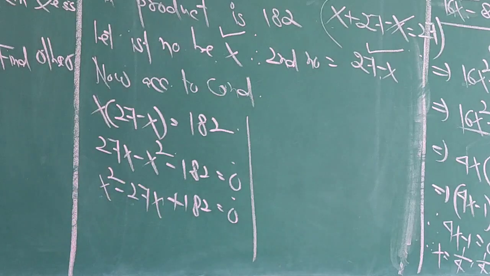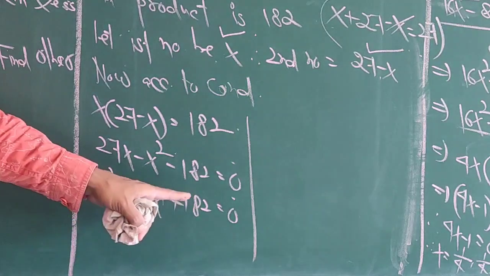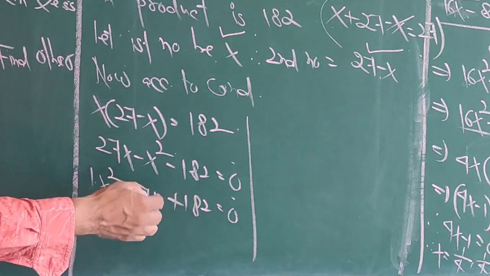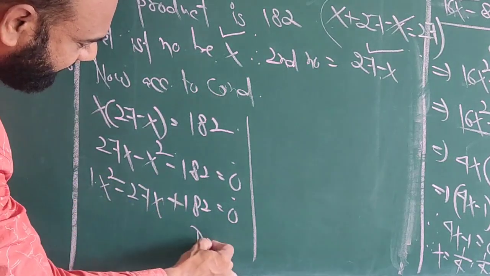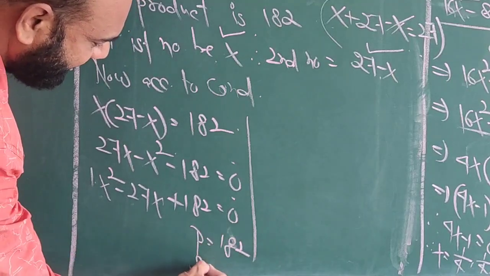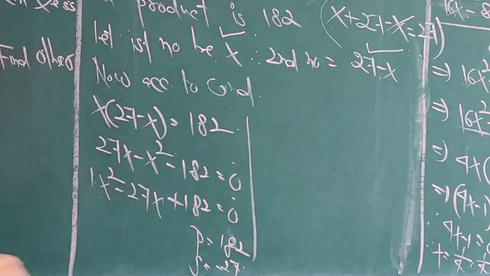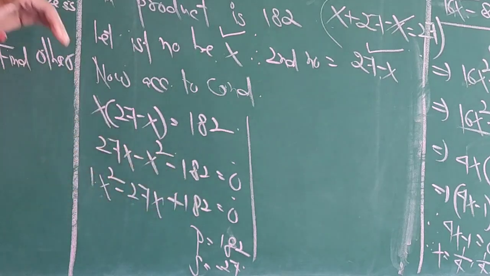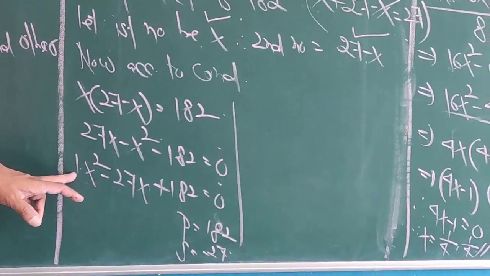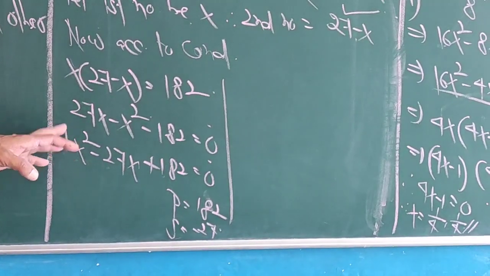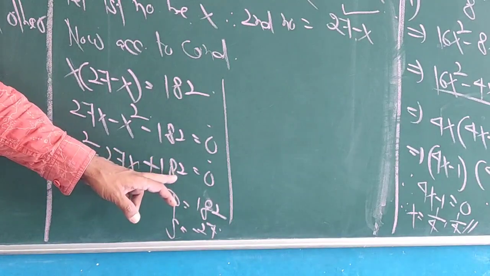And now we find the factors of 182, because 1 into 182. For the product it will be equal to 182, and by adding it will be equal to minus 27, because in the method of factorization we know first of all we multiply the coefficient of x square and the constant term, and the coefficient of x square is 1 and the constant term is 182.